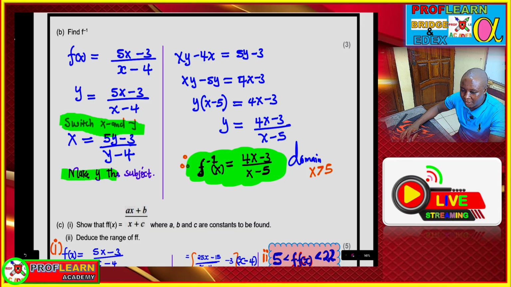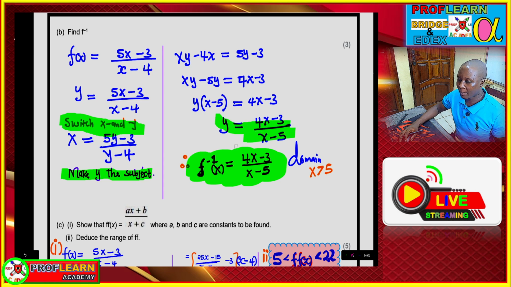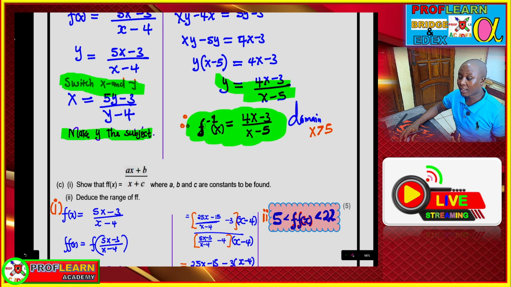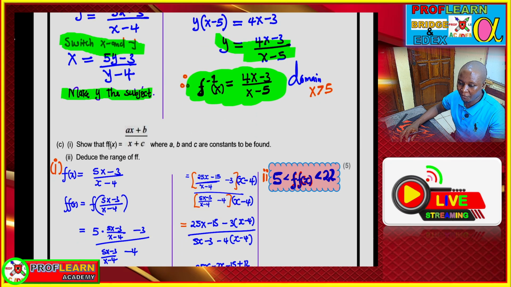Then the next business of the day is to make y the subject. Once you've made y the subject, guys, you have the inverse of that particular function. Don't forget to mention the domain, and the domain of this function is x greater than 5.